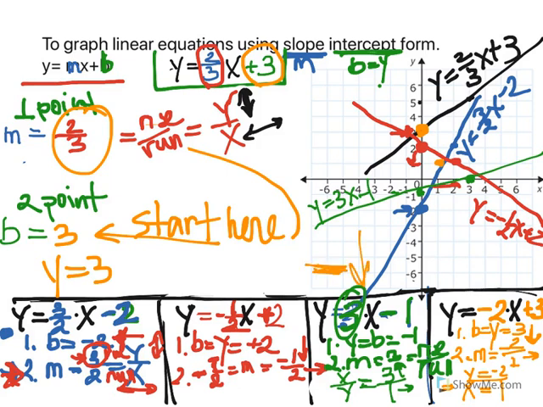Here are my negative y's. So we're going to go down, and my run is positive 1, so I'm going to go 1 to the right. So here are my orange lines. Sorry, it should be a little bit straighter. And this is y equals negative 2x plus 3.